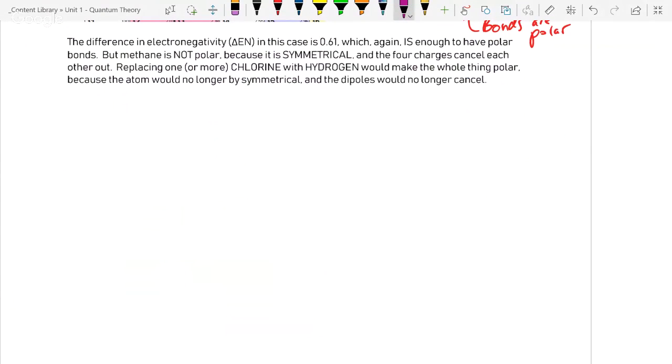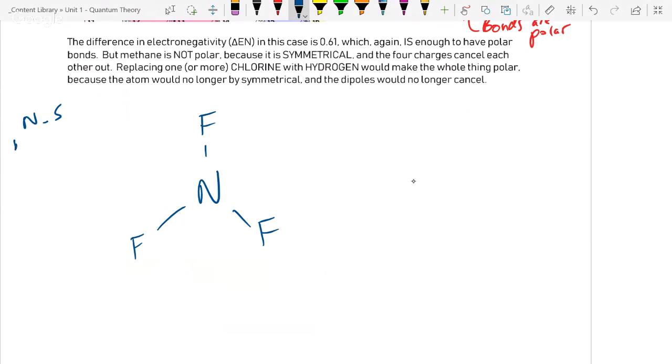I want to show a slightly different example here, actually. Let's do NF3. If I had nitrogen, fluorine, fluorine, and fluorine, nitrogen overall should have 5 electrons.